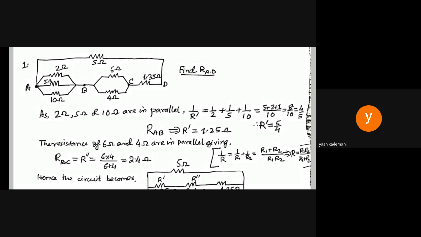R dash is RAB actually. See, I have written in the next step, RAB is actually R dash, which I have taken as the equivalent resistance of section A to B. So from section A to B, we have 1 by 2 plus 1 by 5 plus 1 by 10, because these are in parallel.